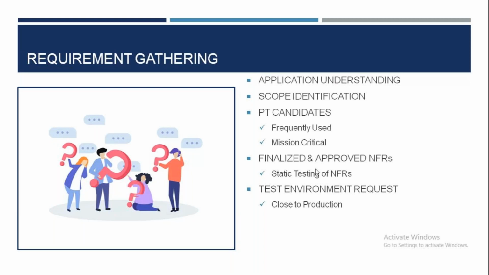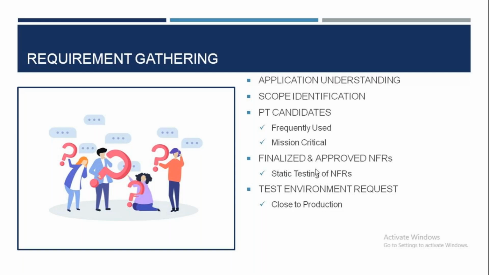Remember guys, very important things. You need to get the specifications of the to-be production environment also. Why are you collecting these things? You are collecting because you will also request the environment team for a performance test environment. Clear?